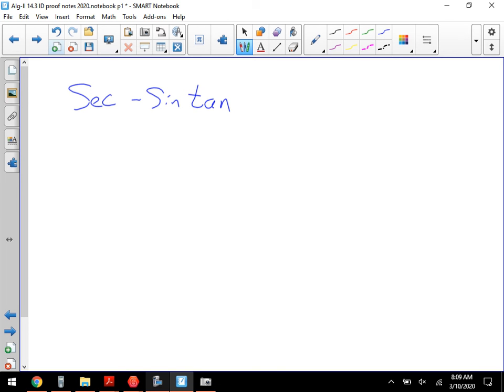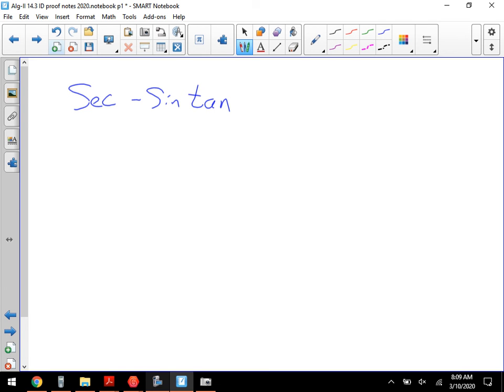So when I'm looking at 21 now, you'll notice that there's no squared terms. I can't jump to a Pythagorean identity right away. So I see that I have a sine, a tangent, a secant, which means I should probably try to rewrite these things in terms of sines and cosines.